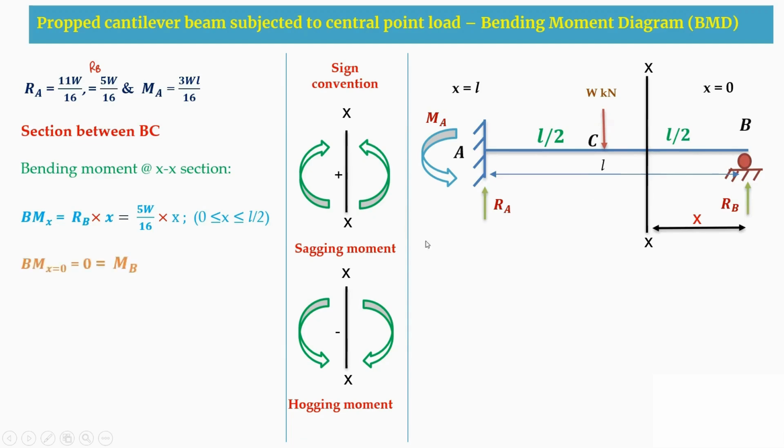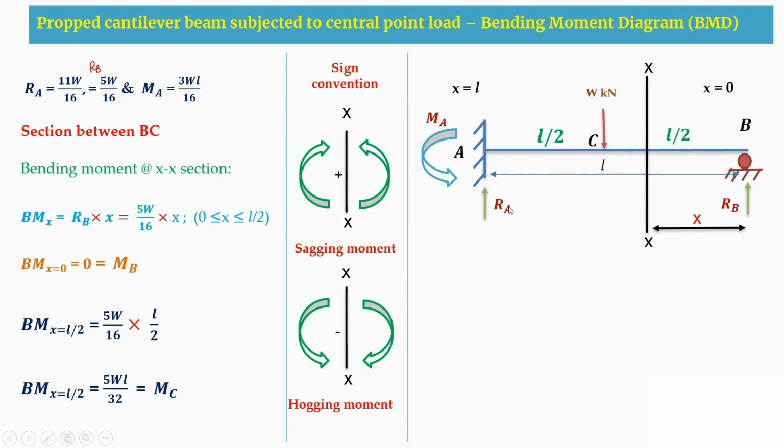When I substitute x equal to 0, you get 0 moment. And when we substitute x equal to L by 2, you get the moment to be 5WL by 32, that is at the C portion. So this is a 0 moment at B, and at C you have a positive moment of 5WL by 32. This is when the section is in the BC segment.